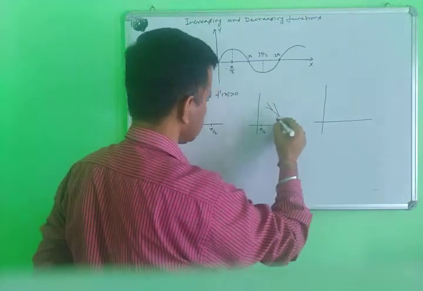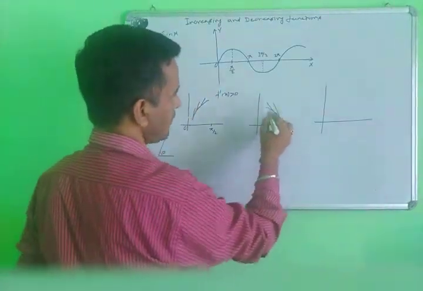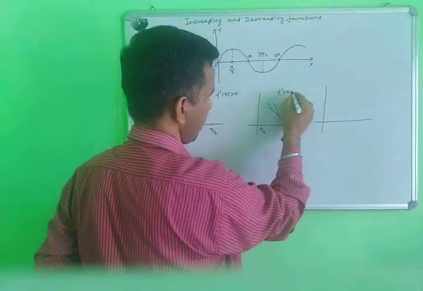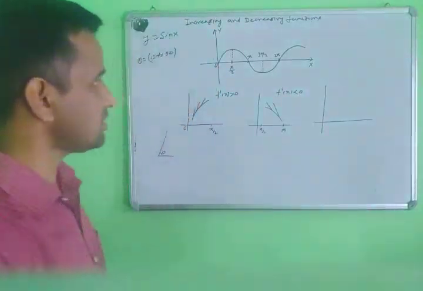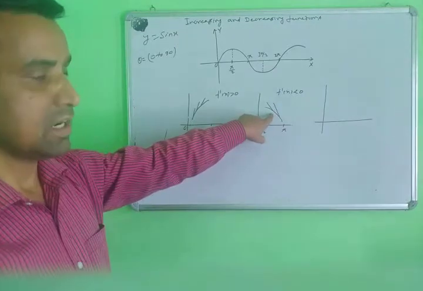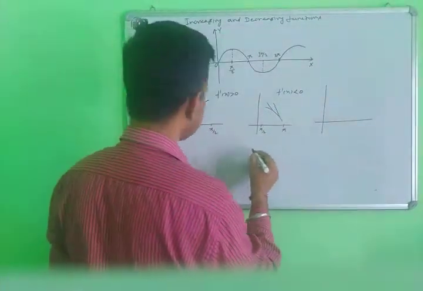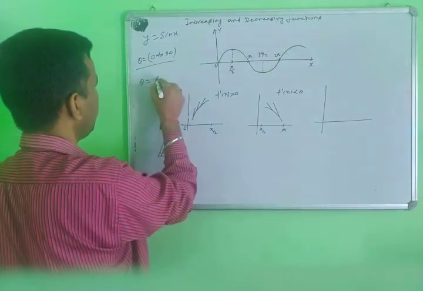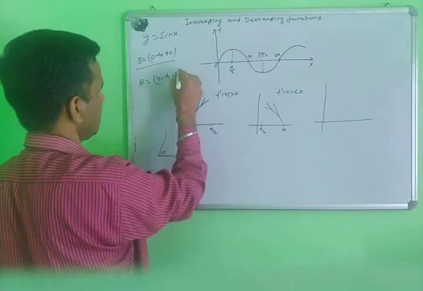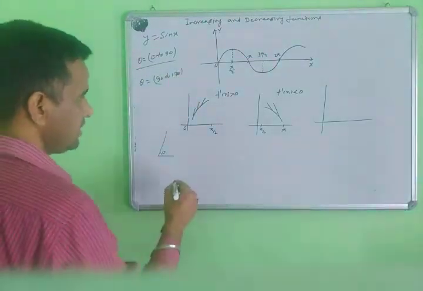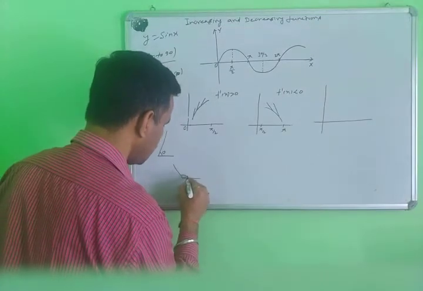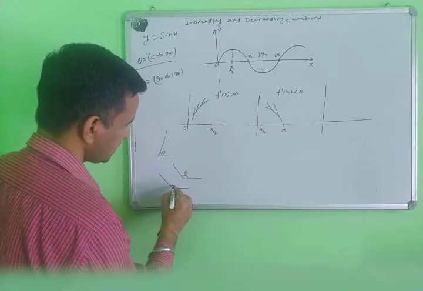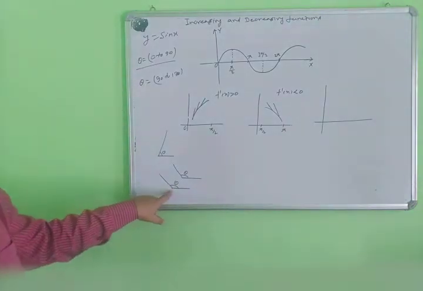In this condition the slope is always less than 0, f dash x less than 0, because theta always lies between 90 and 180, more than 90 and less than 180.